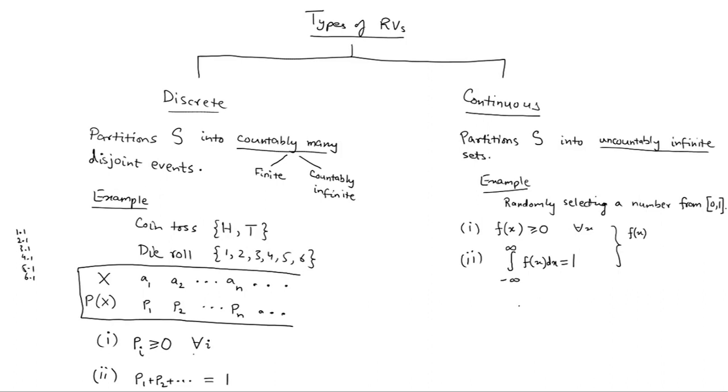So I'm saying let me integrate, but wherever the function is 0, the integral will not be affected. If f of x is 0, will it add something to the integral?